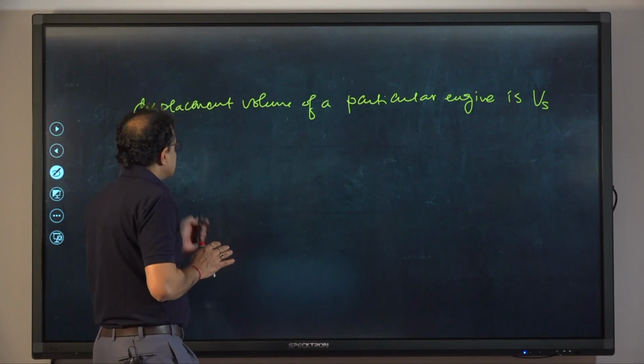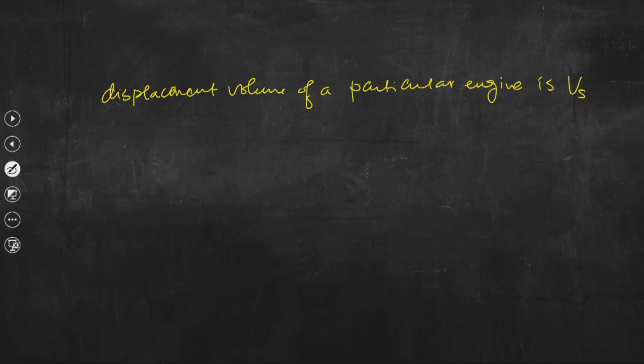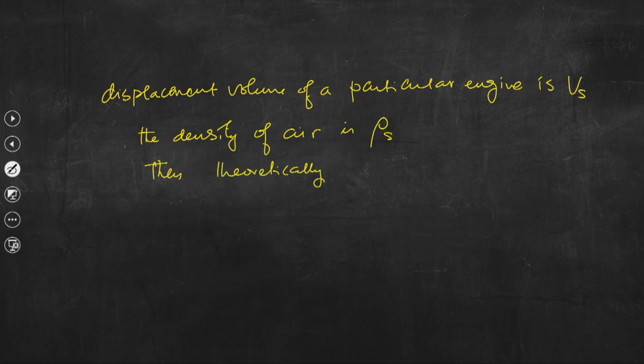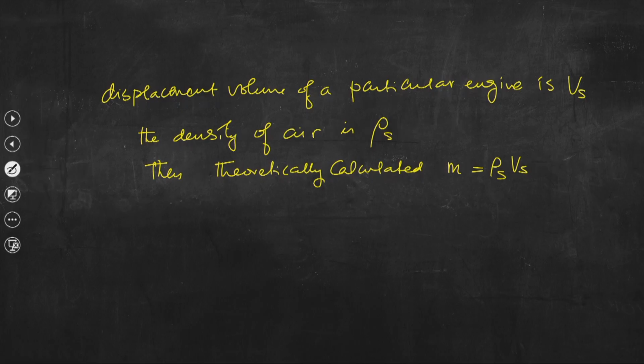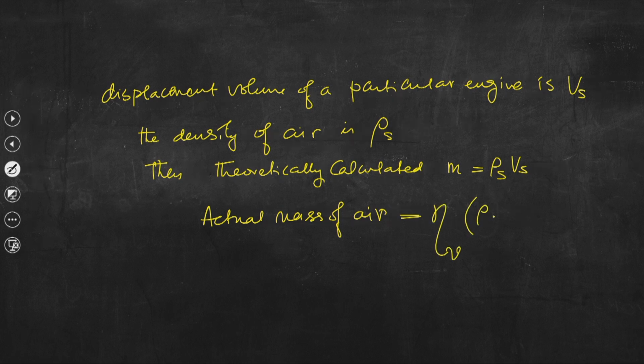So, this displacement volume is Vs, and if the density of air is rho s, then the theoretically calculated mass of air should be rho s into Vs. So, the amount of mass of air that should be there in the cylinder based on this theoretical calculation is rho s into Vs, that is volume into density, but then the actual mass of air should be eta volumetric into rho s into Vs.